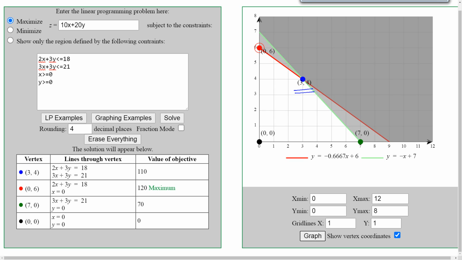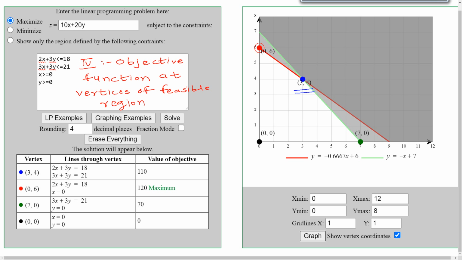Now the fourth step is to determine the value of the objective function at vertices of the feasible region, or common feasible region. Common means it is common to all linear and non-negativity constraints.